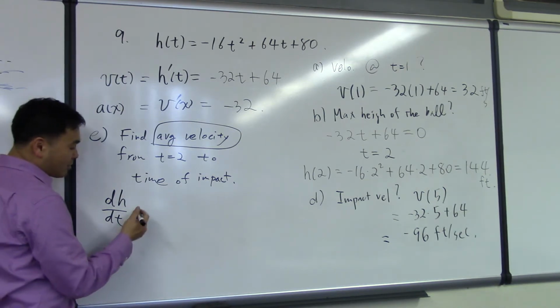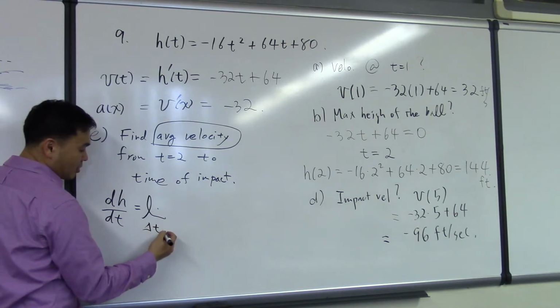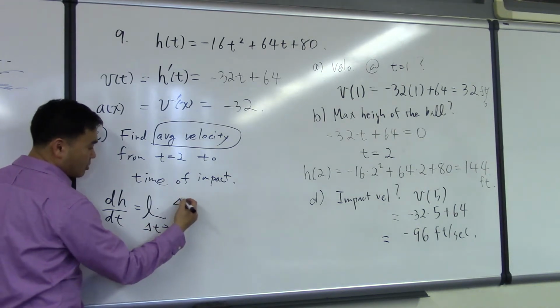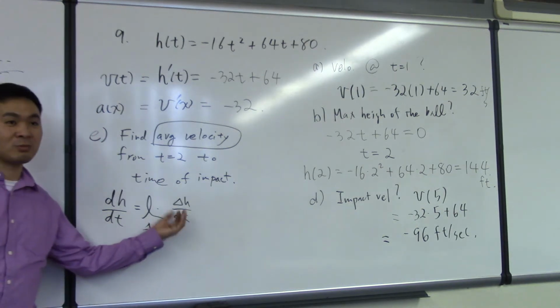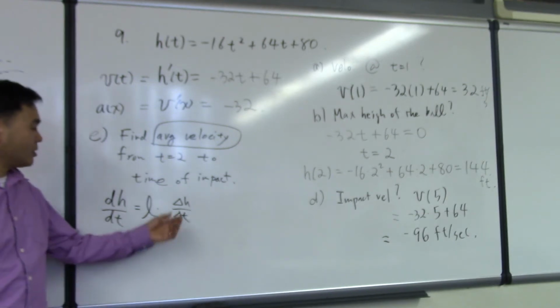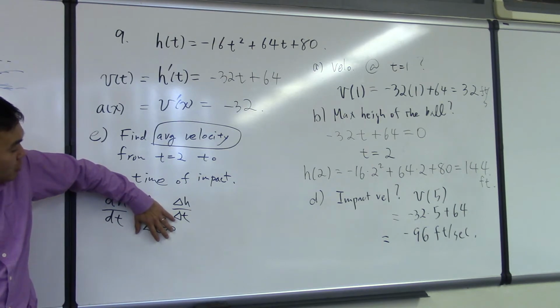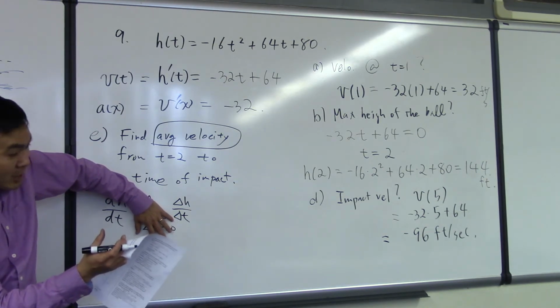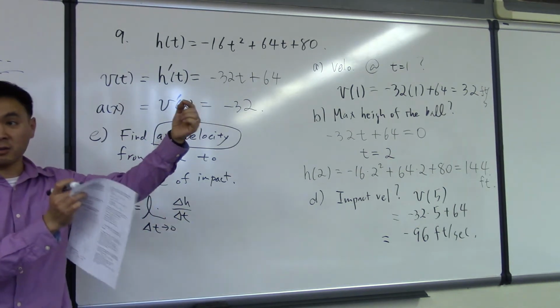How is this defined? This is defined as the limit of delta t going to 0 of delta h over delta t. That was the theoretical thing that I explained a long time ago. This is for some, not short period, but for some period in time, if you measure the change in h over change in t, that gives you the slope during the time interval.